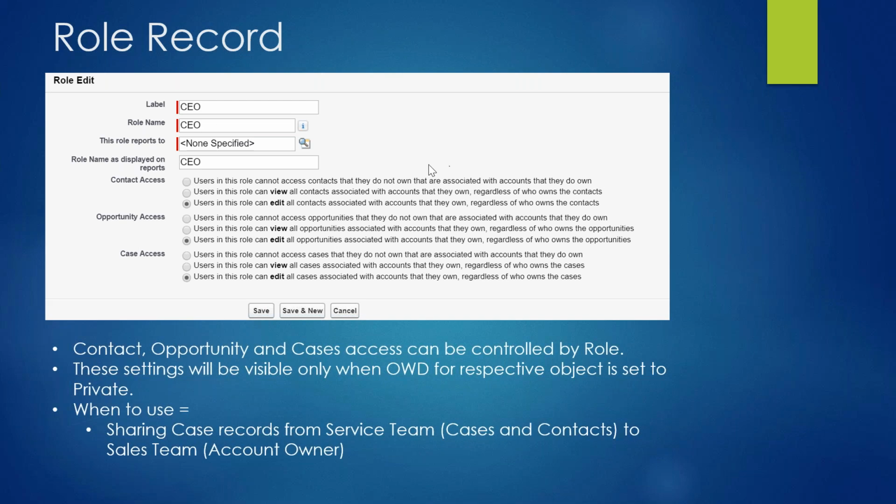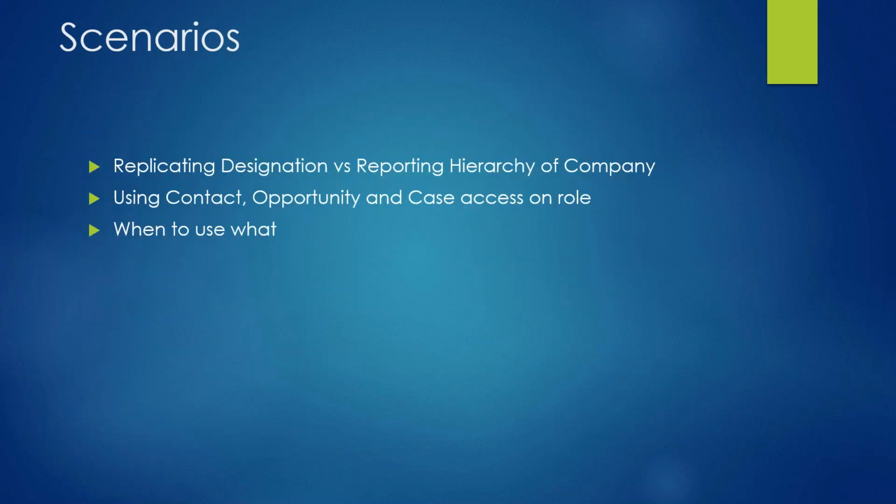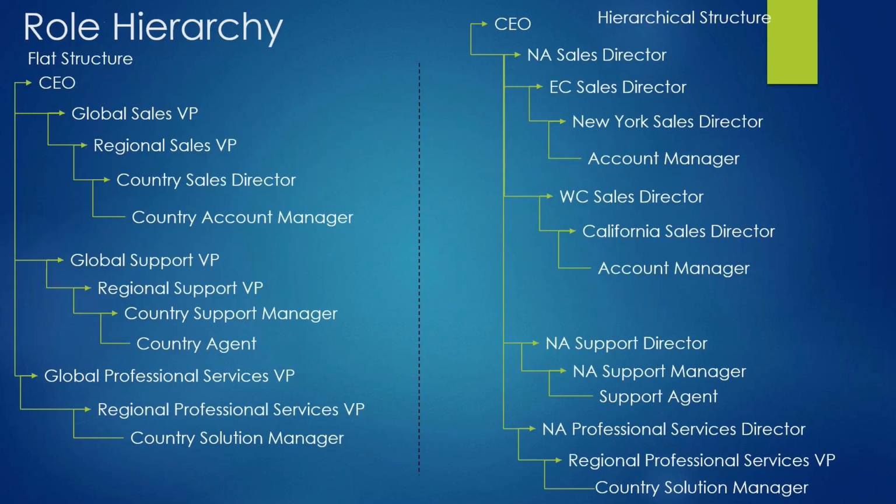Now I am going to move towards the scenario I was planning to talk about, and the first scenario is replicating designations versus the reporting hierarchy of the company. What I talked about here is a specific functionality or role within the company, and also region-based.